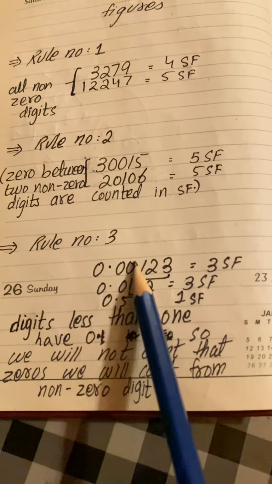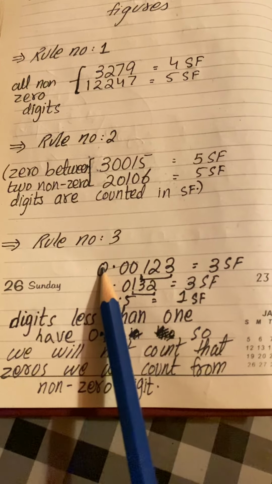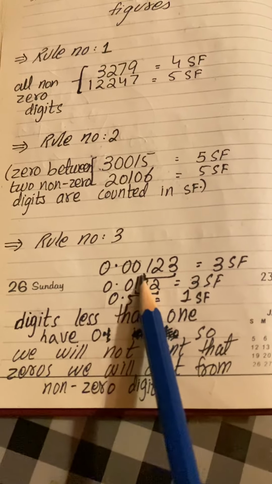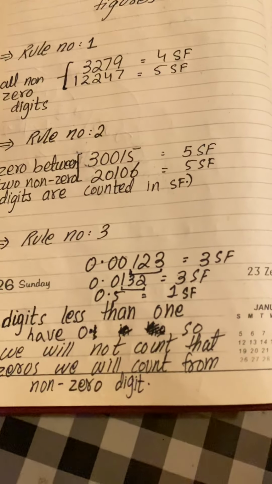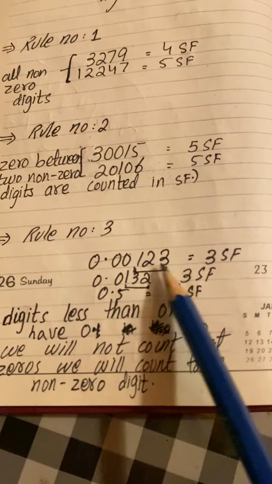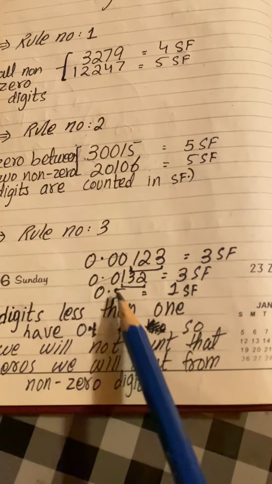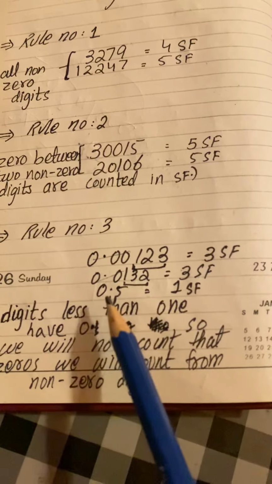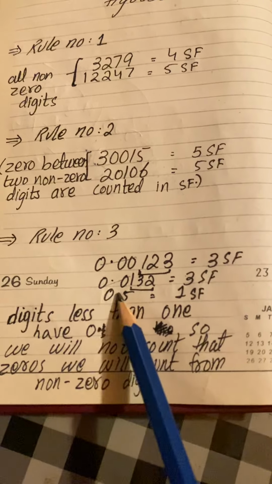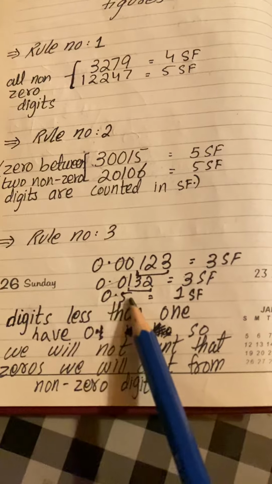So we simply neglect these zeros and count from the non-zero digits. The non-zero digits are 1, 2, 3, so 3 SF. These zeros will be neglected, so that will be 3 SF. And 0.5: this 0 point will be neglected, so it will be 1 SF.